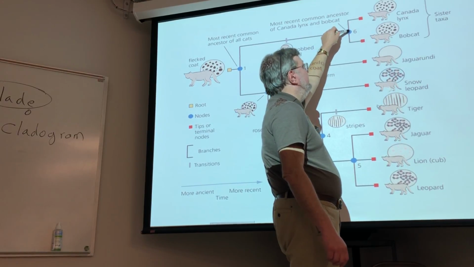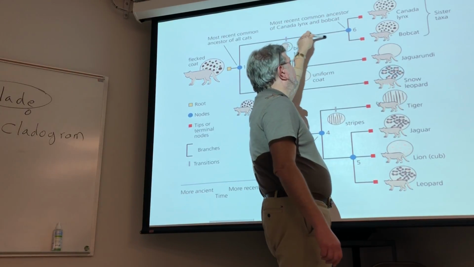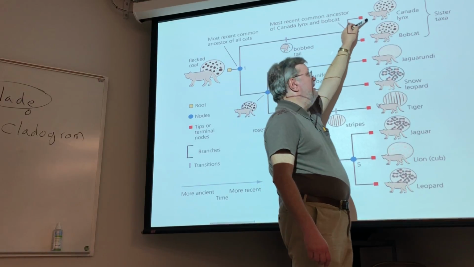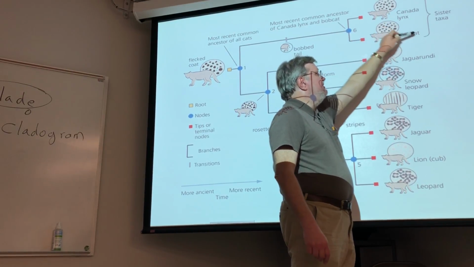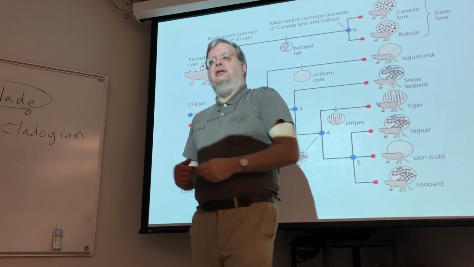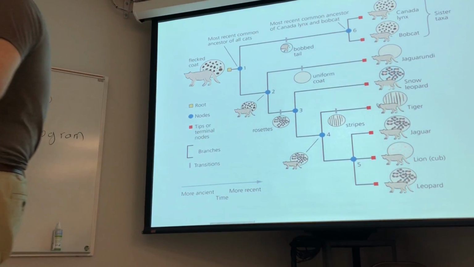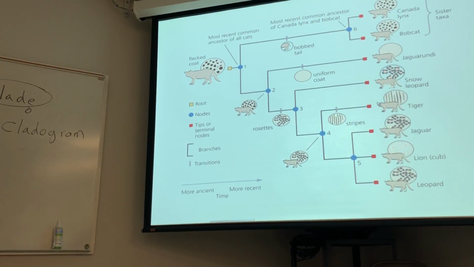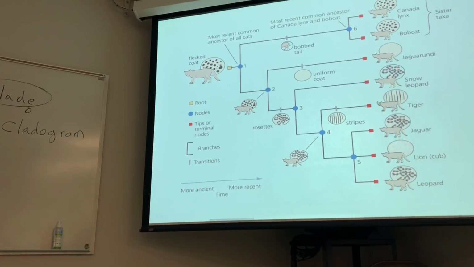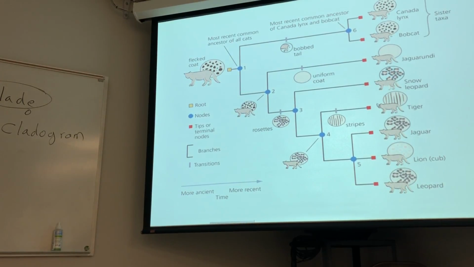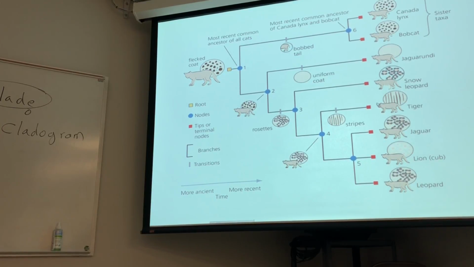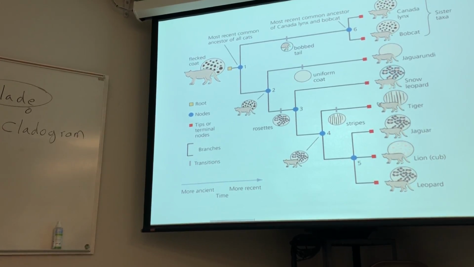Their most recent common ancestor will, of course, had a bobtail, so they have bobtails. Notice they use the word sister taxa. Those are also called sibling, depends on which word you want to use. These are two groups, could be species, order, whatever they are, that are the most closely related to each other. There are no brothers. They're always sisters or siblings.